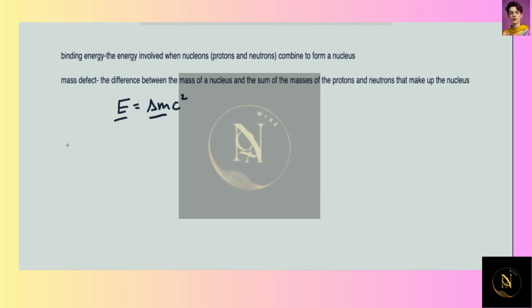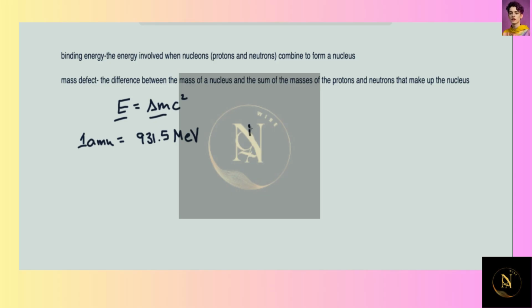When we talk about describing the relationship between mass and binding energy, there are several different relationships that we can use. One atomic mass unit is equal to 931.5 mega electron volts, which is an energy unit.